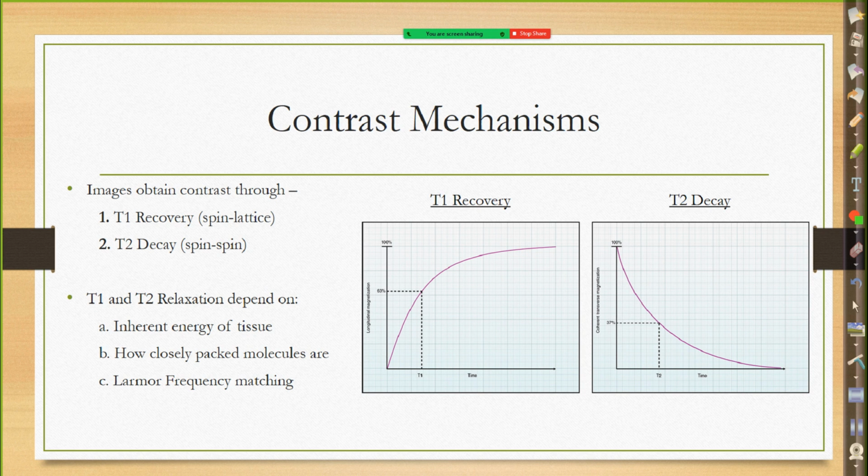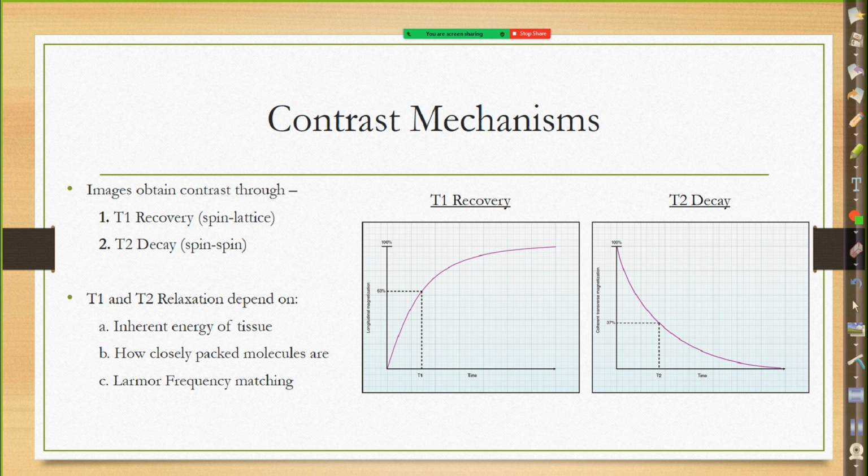And when we talk about spin-lattice, it's really discussing how the spin, and the spin we're referring to is our hydrogen proton, is giving off energy to the lattice, which is the surrounding environment. So lattice thinks surrounding environment, giving energy off to the surrounding environment.